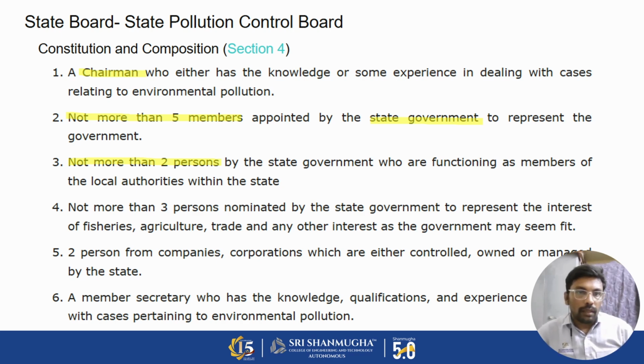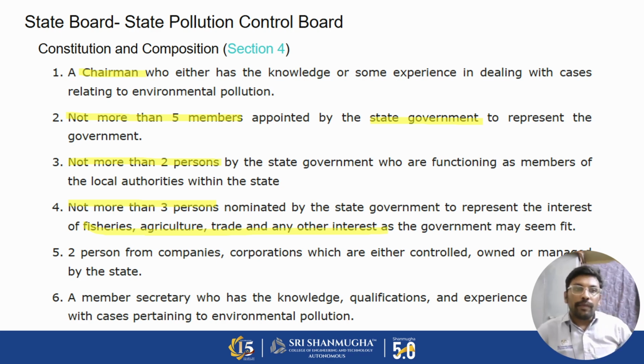So the quantity is not more than 2 persons. Next, not more than 3 persons nominated by the state government to represent the interest of fisheries, agriculture, trade or other interests as the government may deem fit.